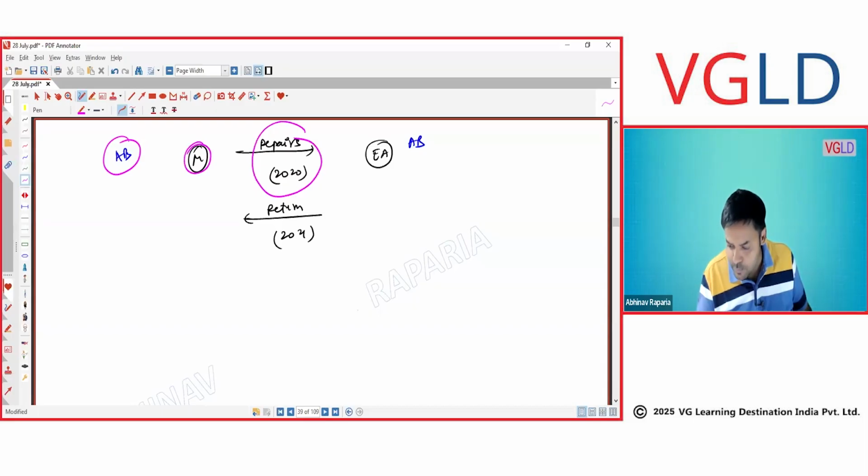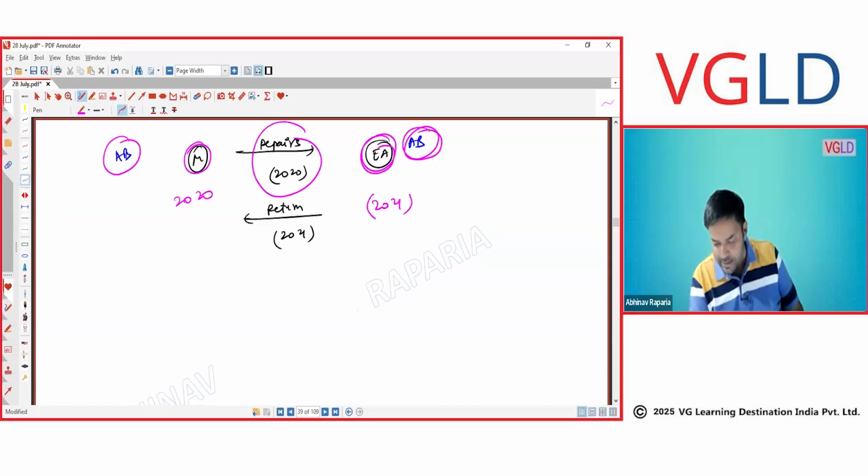When EA is providing the service, because you are accrual basis, then you are going to book it. It has no connection with the receipt basis. Okay.